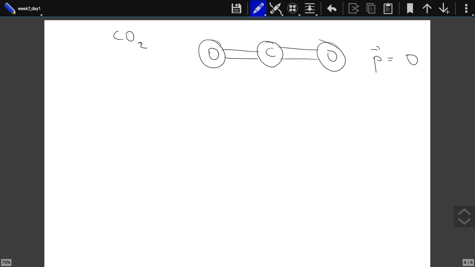There are double bonds. Each one of these bonds has a dipole moment. Since they are pointing in opposite directions, this molecule has zero polarization on its own. So if you don't apply an electric field, it has a zero dipole moment.